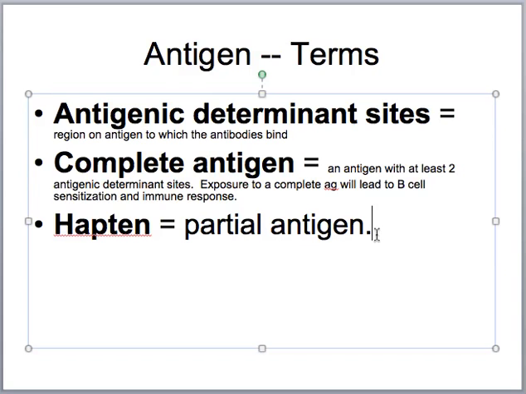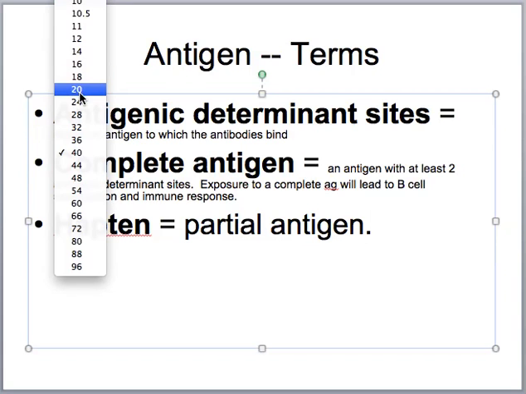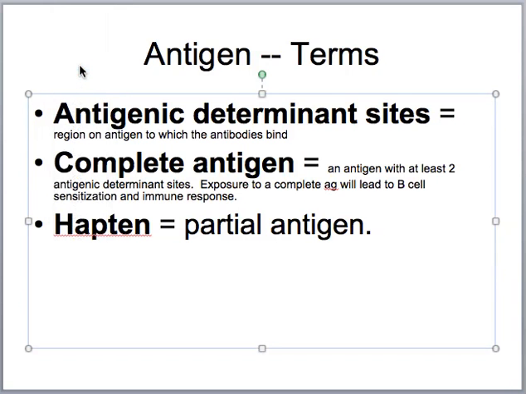So a hapten, though, is a partial antigen. A hapten is a partial antigen.